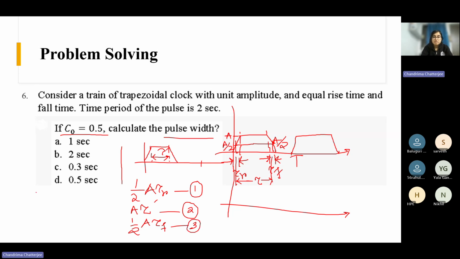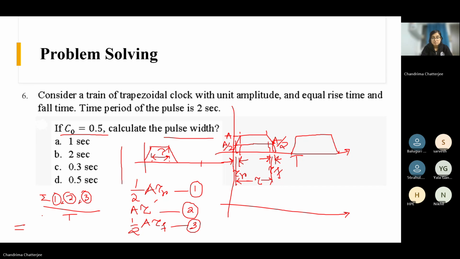Then what is the average? The summation of parts 1, 2 and 3, divided by the total time period T. What do we get? They have already given the rise time and fall time as equal, tau r is equal to tau f, right?